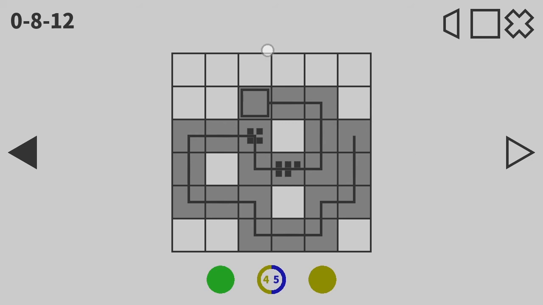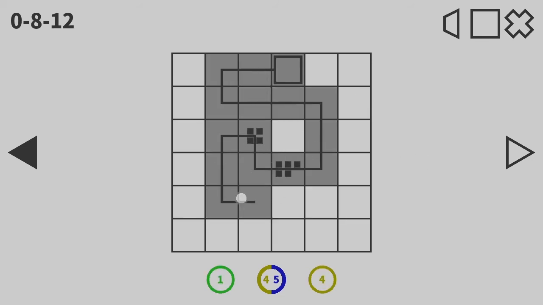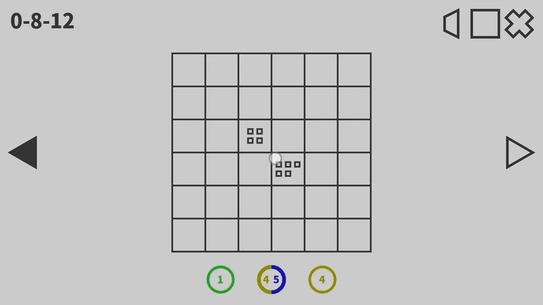It's never gonna work. What am I supposed to do?